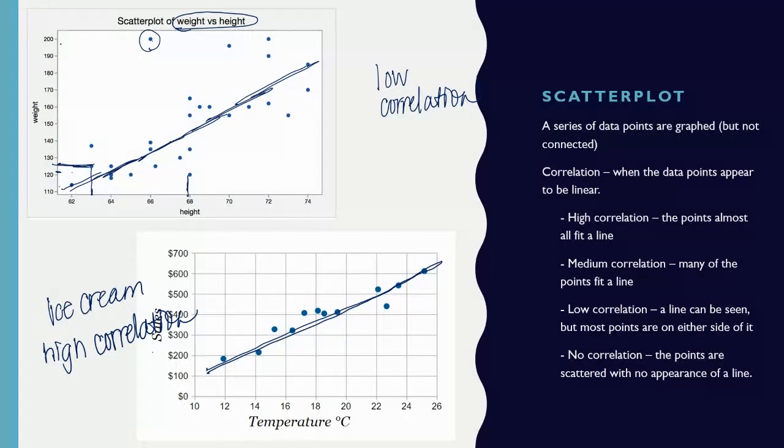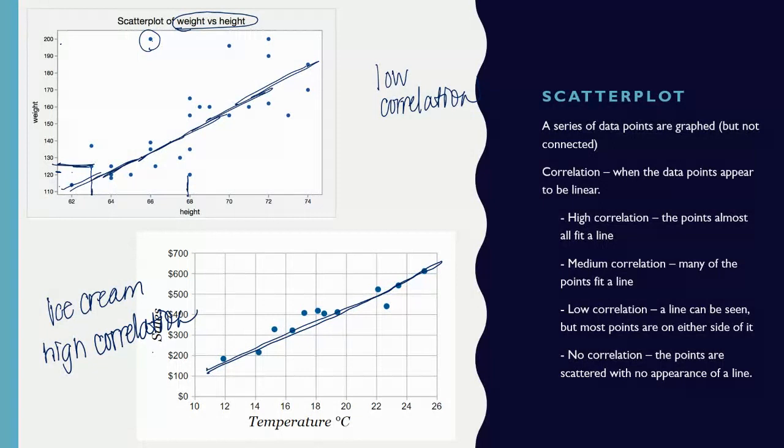If I were to, for example, make a graph of how many homework assignments you did and your test grade, I would assume that most people who did all of their assignments had a higher test grade. I think we could probably see a correlation between the amount of homework you're doing or assignments you're doing and how high your test grade is. Now, there's going to be some outliers to that, okay?